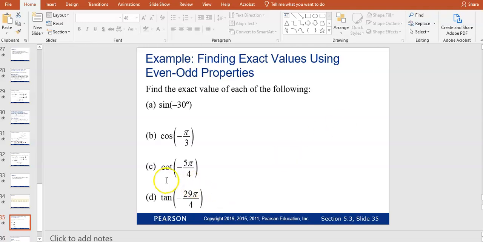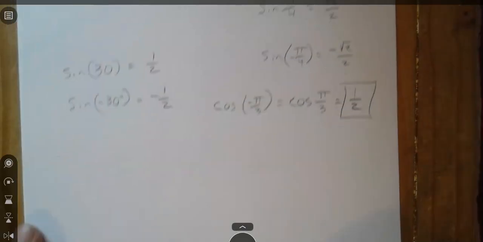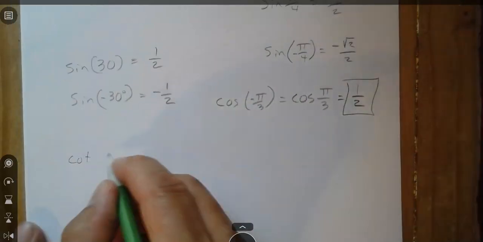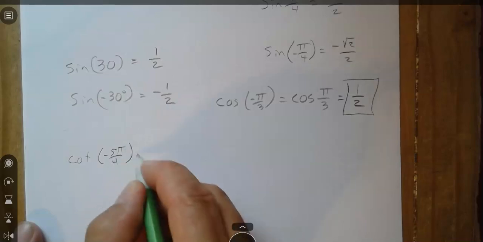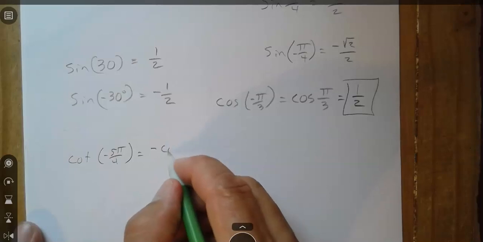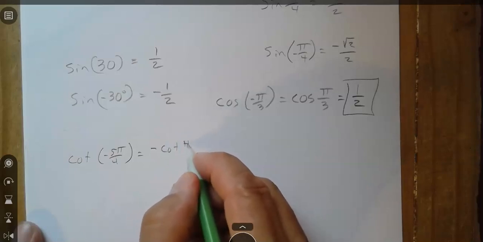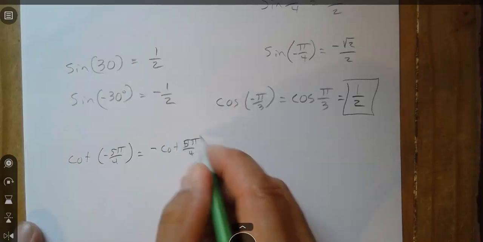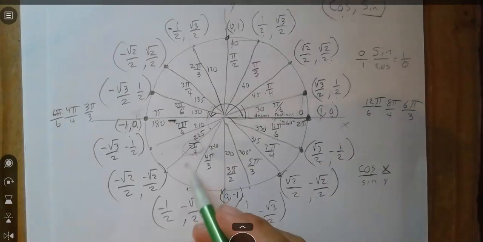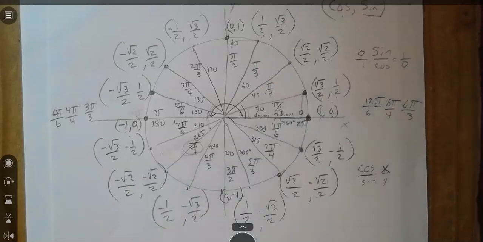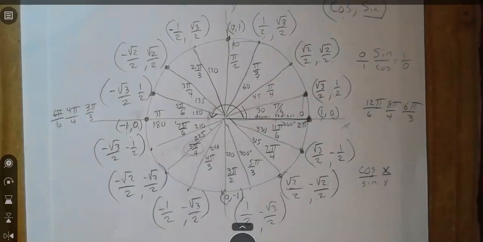Let's look at cotangent of negative 5 pi over 4. Cotangent of negative 5 pi over 4 is going to be the same thing as negative cotangent of positive 5 pi over 4. So what is cotangent of 5 pi over 4? Well, if I look at my unit circle, 5 pi over 4 is negative root 2 over 2 and negative root 2 over 2, right?